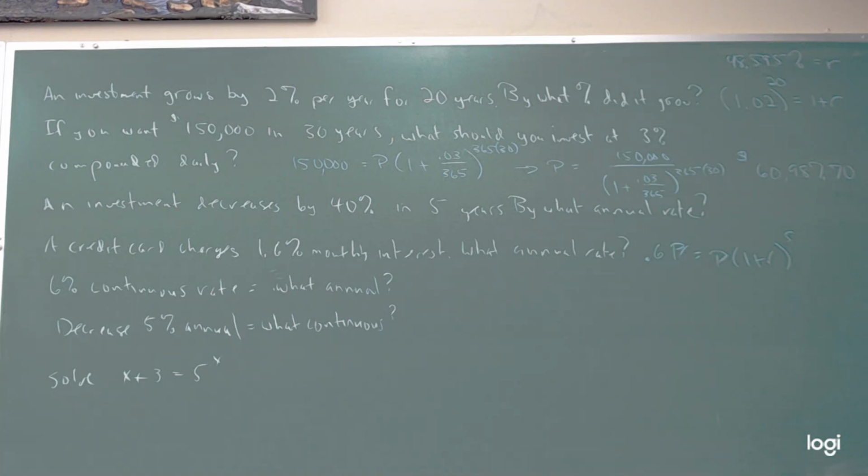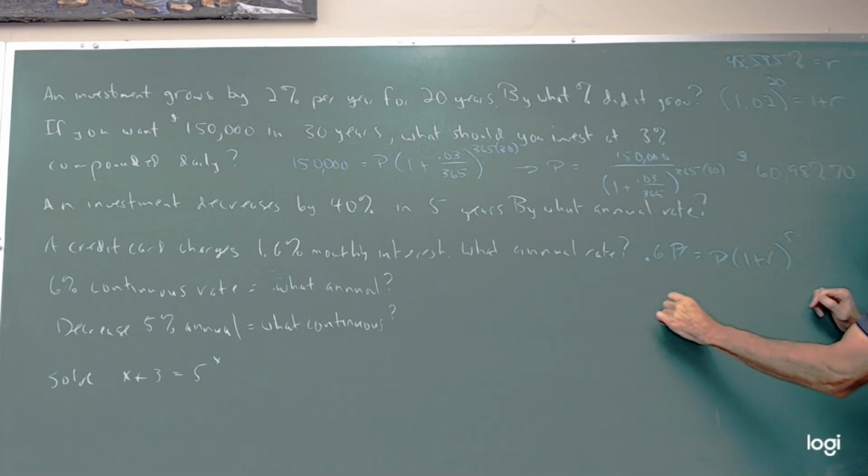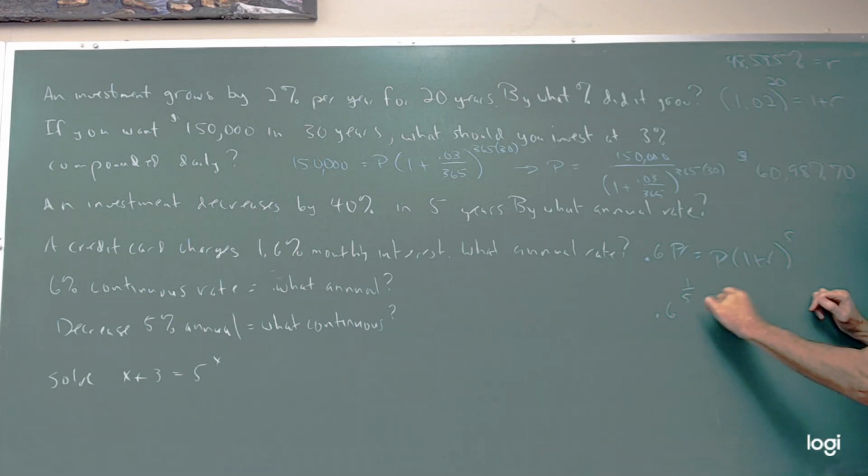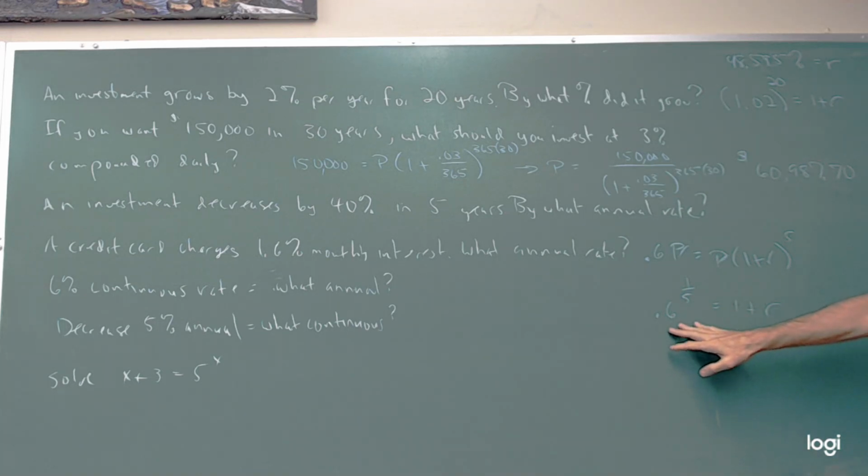So it doesn't really matter how much you started with, it's going to still be the same. Now to solve for the r, we're going to have to raise it to the 1/5 power. And so that's going to go into your calculator. You'll subtract 1, make it into a percent. There you are.